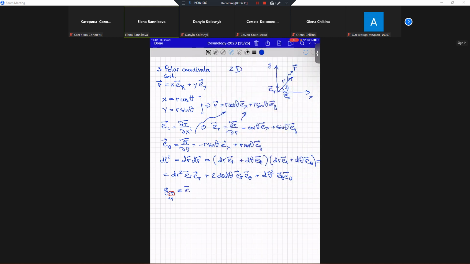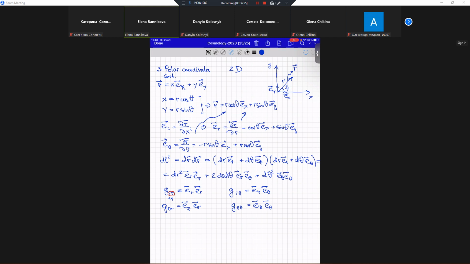It will be er er, scalar product. The component r theta is er e theta, the component theta r is e theta er, and the component g theta theta is e theta e theta.